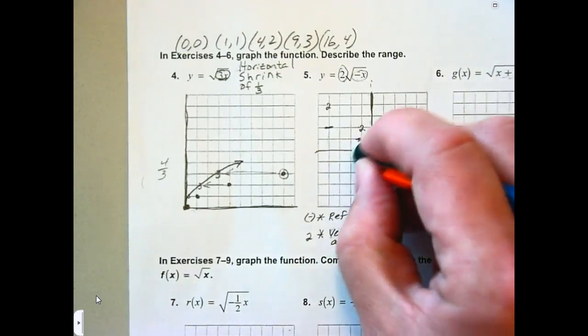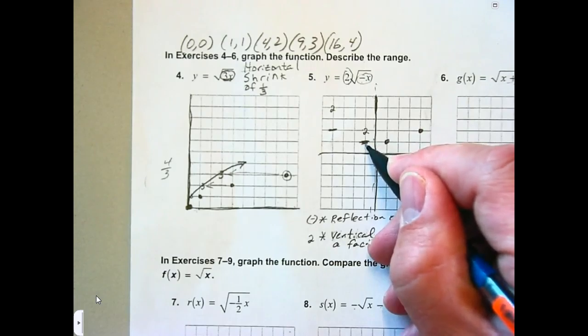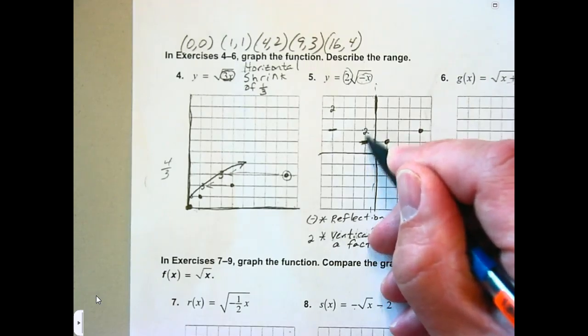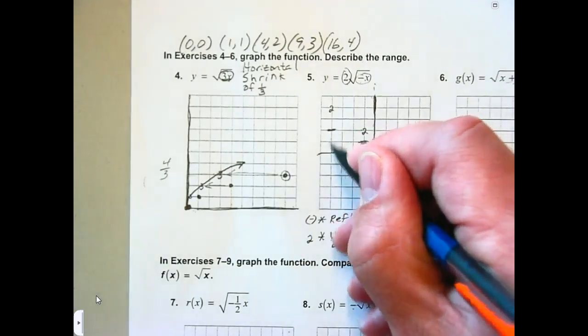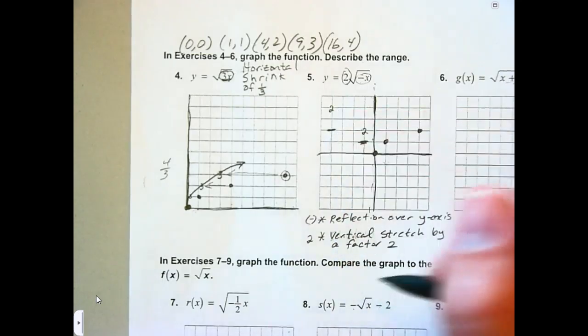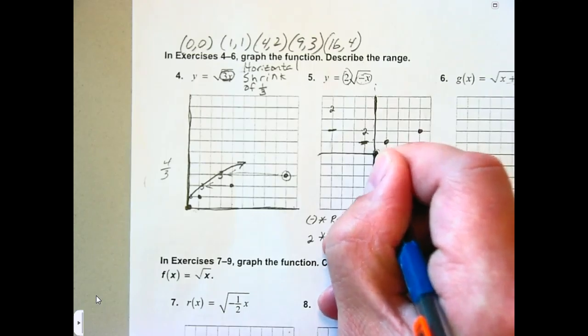Now you got to think, what's this distance? 1. So when I double it, it would be 2. You're looking at the distance. So this distance is 2, so when I double it, it would be 4. Okay? And this point doesn't move.